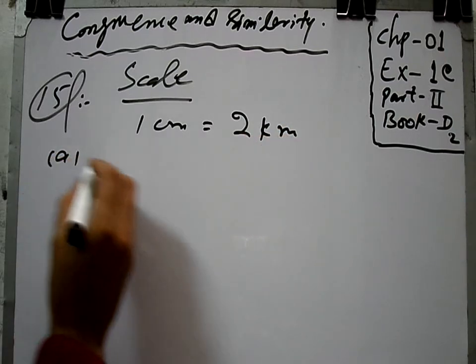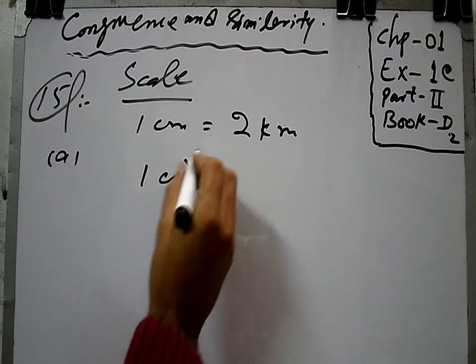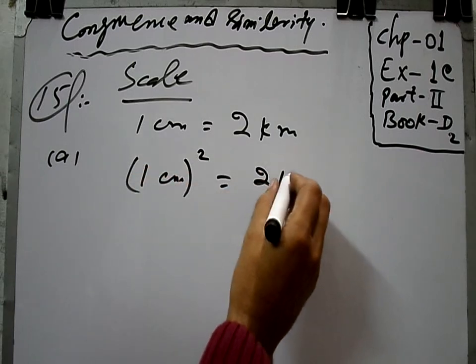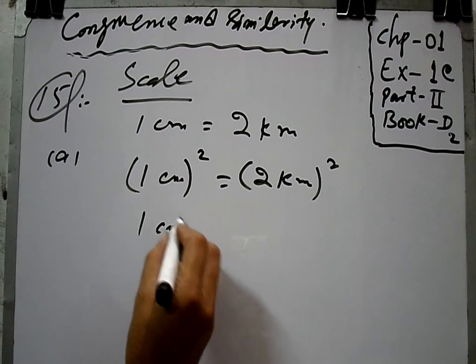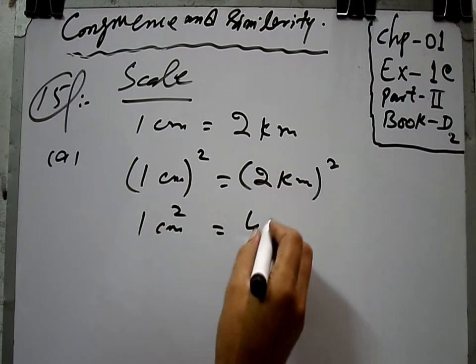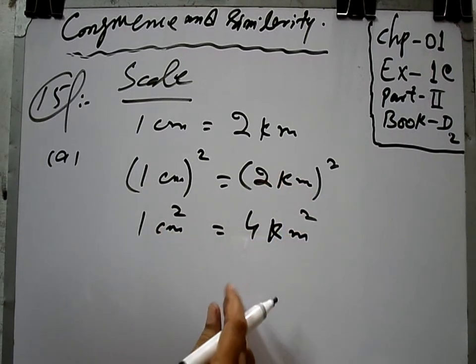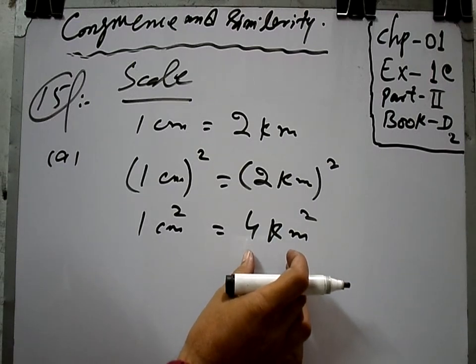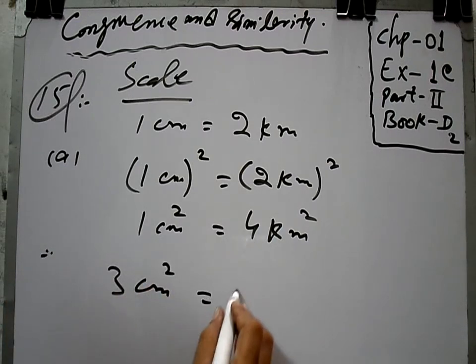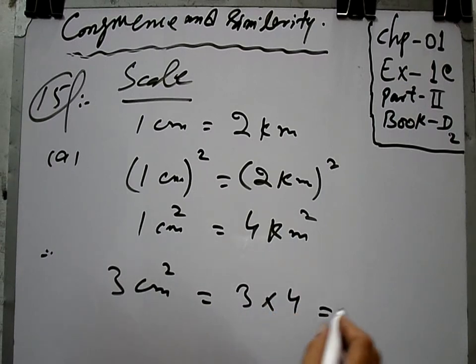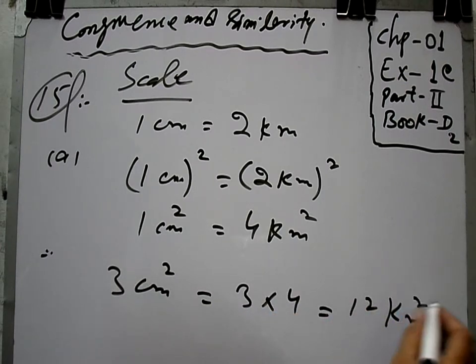So in part A, taking the square of both sides, 1 centimeter square is 2 kilometers square, because we have been given area, and area is always measured in square, so that's why we have to convert into square, that is 4 kilometers square. So the new scale is 1 centimeter square is equal to 4 kilometers square. Therefore 3 centimeters square is equal to 3 into 4, you will get 12 kilometers square area.